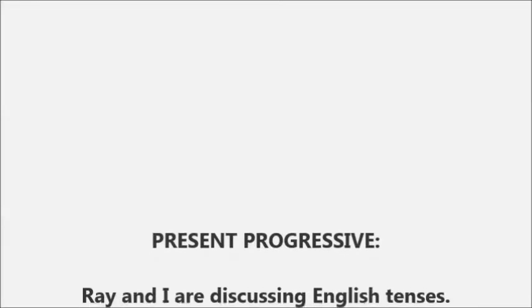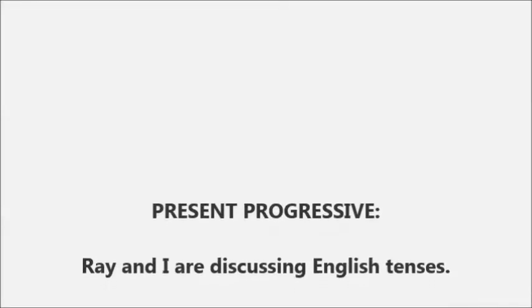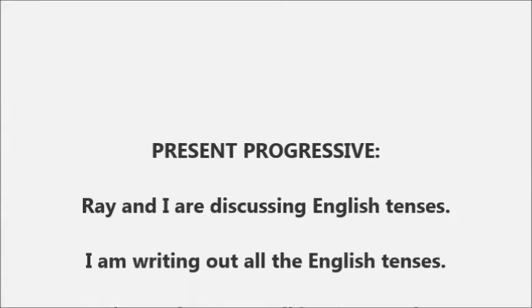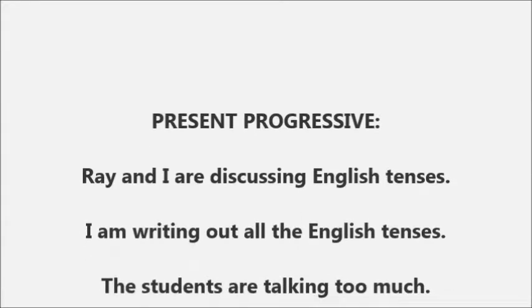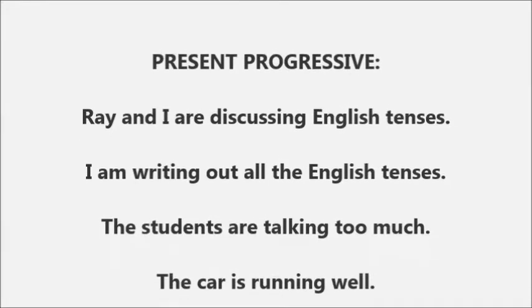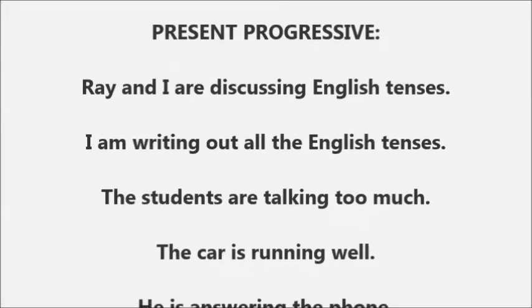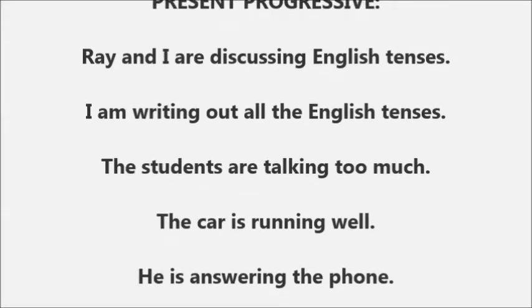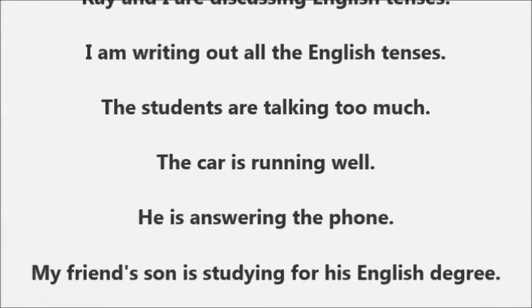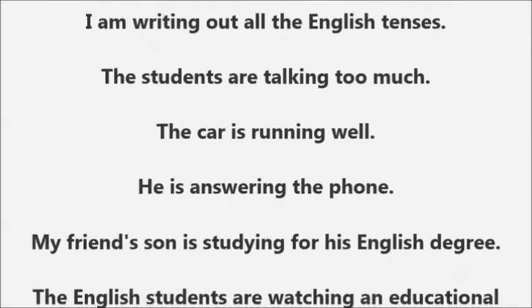Present progressive, okay, also known as present continuous. Ray and I are discussing English tenses. I am writing out all the English tenses. The students are talking too much. The car is running well. He is answering the phone.